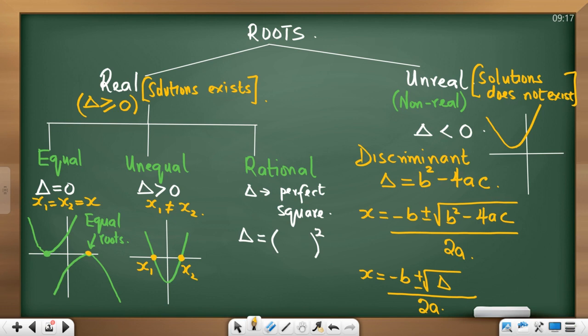B squared minus 4AC. Awesome. You would see graphically what the rational would look like as we go on. But it will be more on the equal side as well.